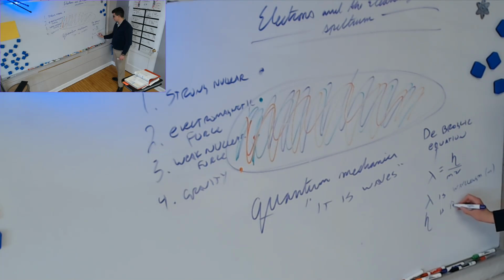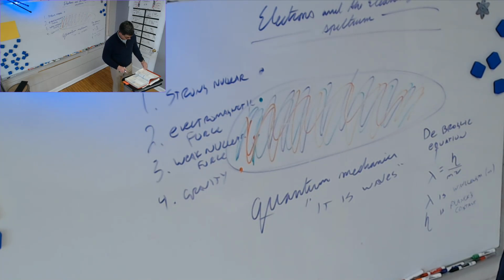Planck's constant. Named after Max Planck. Not only does Planck's constant have a unit, which it does, but it also has a value that you need to memorize. Planck's constant's value is 6.02 times 10 to the negative 34th joule seconds, I believe.